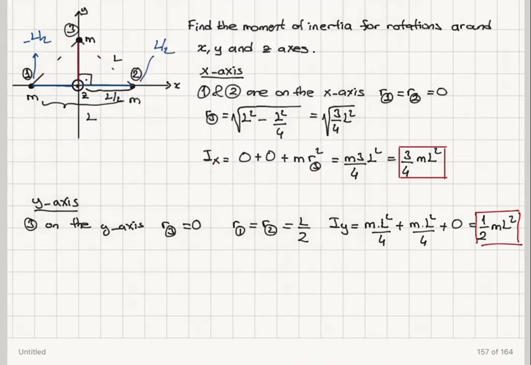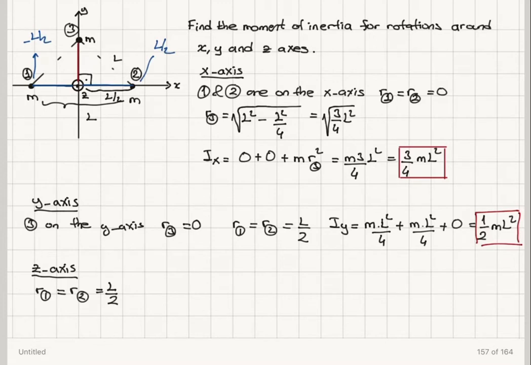And for z-axis rotations, that's the axis at the center. What is the distance from the first and second particles to the z-axis? They're also L over 2.